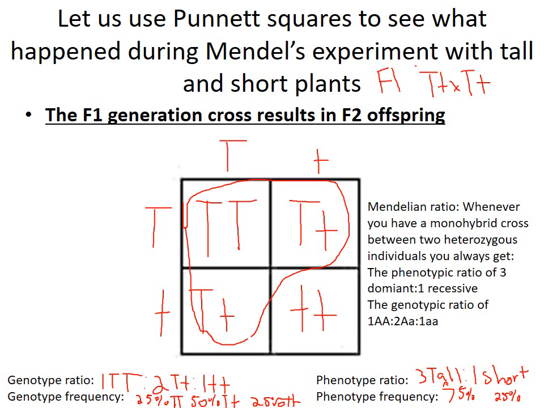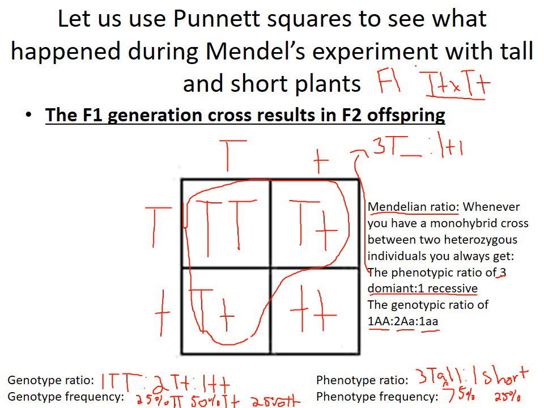Whenever you cross heterozygous individuals, like you see here, your Mendelian phenotypic ratio is going to be 3 of the dominant phenotype to 1 of the recessive phenotype. And for the genotypic Mendelian ratio, it's 1 big A, big A, 2 big A, little a, 1 little a, little a. Another way to sometimes write the phenotypic ratio is 3 big T, empty space, to 1 little t, little t.